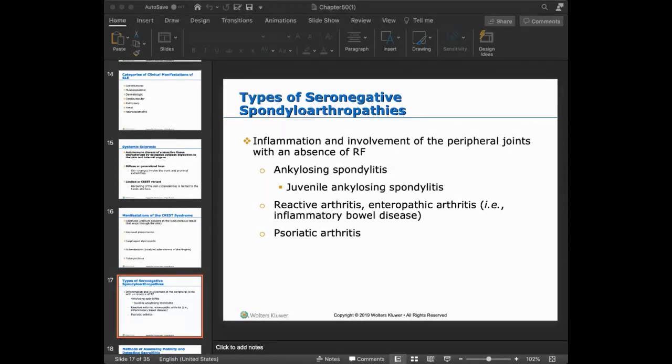It's also known as Bekhterev disease. Exactly. So it's typically characterized by a curvature of the spine or a loss of flexibility in the spine. And so they develop a hunched position.